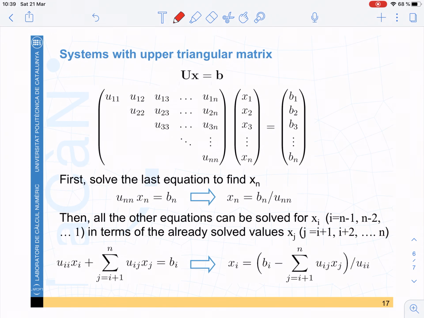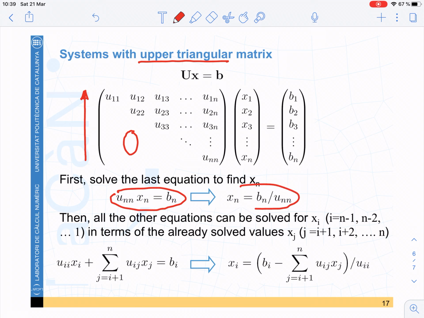The situation is very similar with an upper triangular matrix, that is a matrix U with zeros in the lower triangle. The only difference now is that we start from the last equation and move backward up to the first one. Indeed, from the last equation we may obtain xn by performing just one division, and we then compute the remaining xi sequentially.